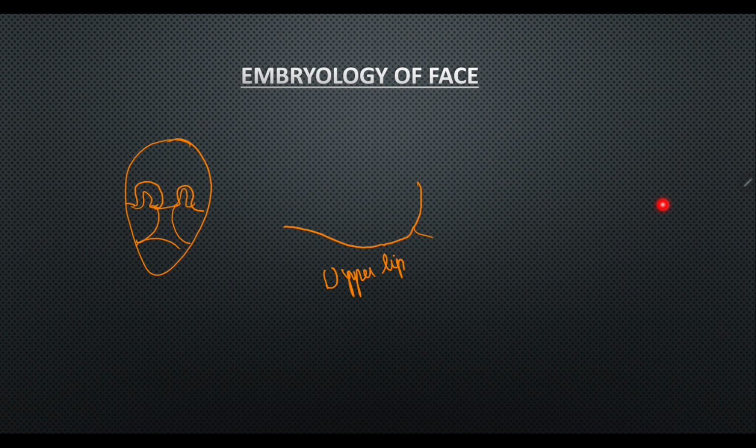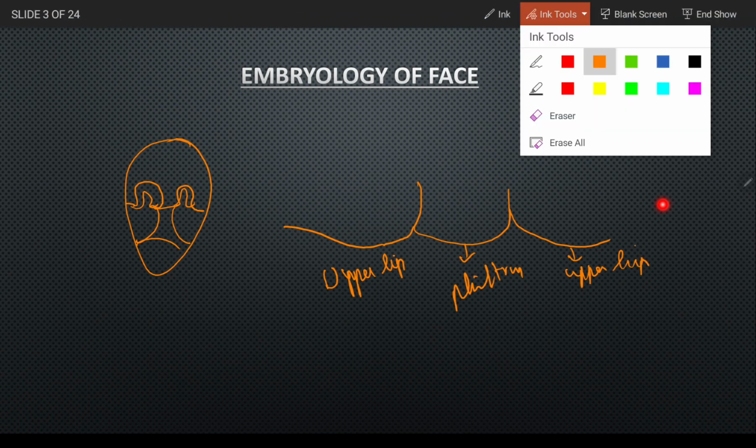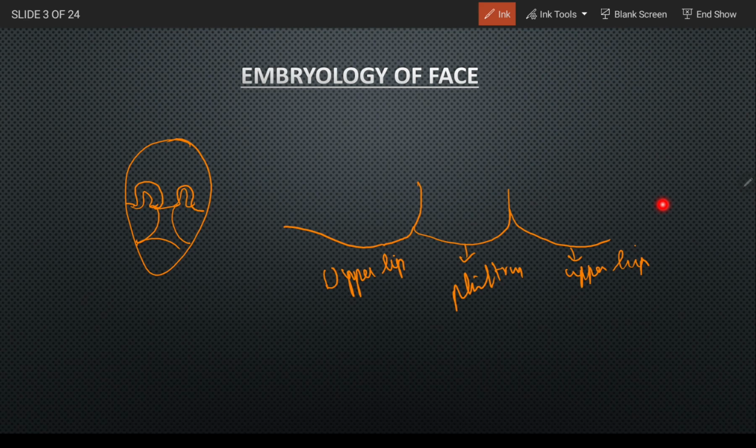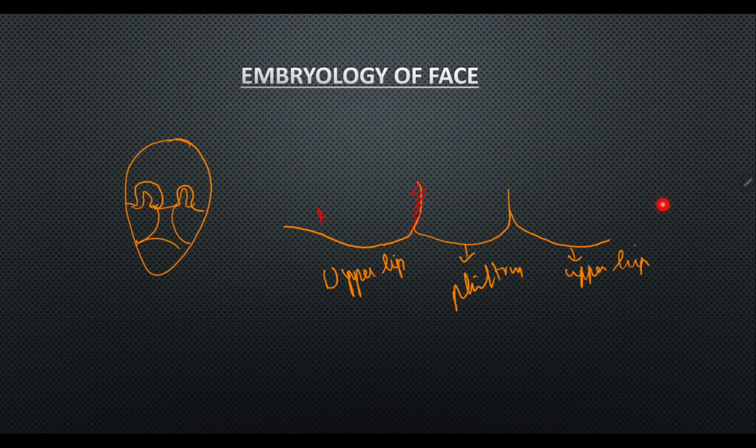The frontonasal process is going to form the philtrum, and the other side maxillary process is also going to form the upper lip. For formation of the upper lip, what is more important is the fusion of the maxillary process and the frontonasal process. One important thing, whenever this fusion does not happen, then there is a cleft.